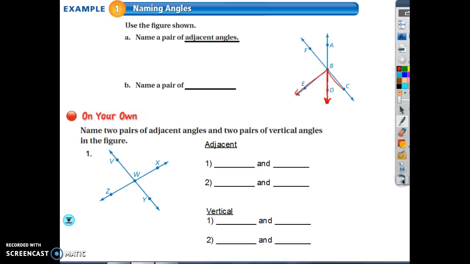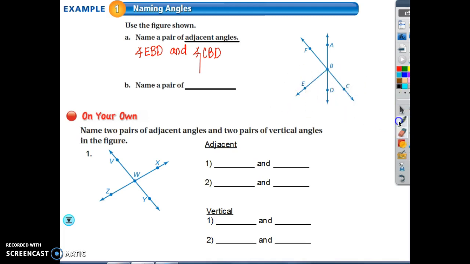So therefore, my first angle starting at E, going to B, ending at D, so angle EBD, and angle, I'm going to start at C, go to B, and end at D to outline this angle to the right. Angle CBD. Those are adjacent angles because they both use that line that points straight down.